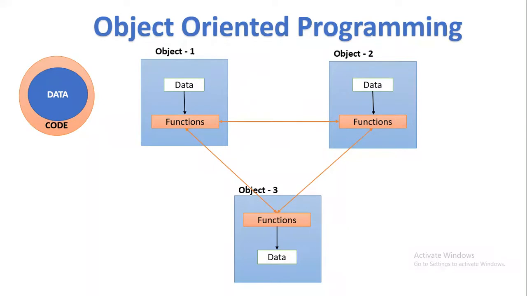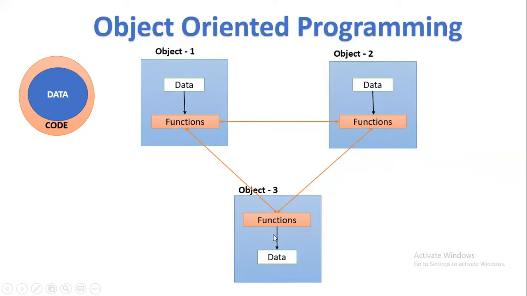In this diagram, we have three objects. Object 1 data can be accessed by object 1 functions only. In object 2, data can be accessed by object 2 functions only. Object 3 data is accessible by object 3 functions only.